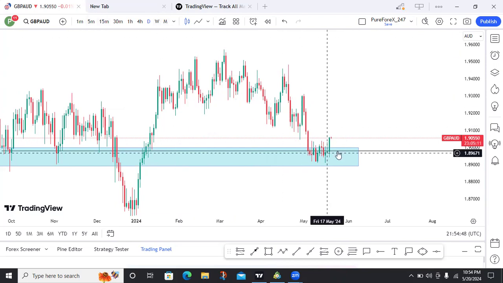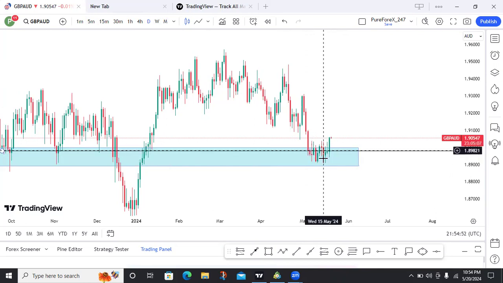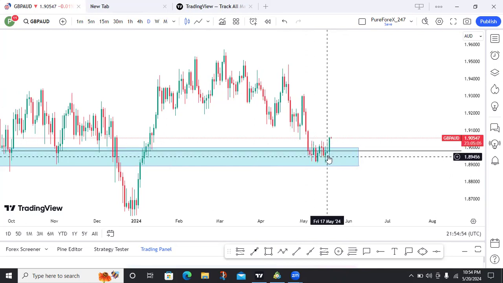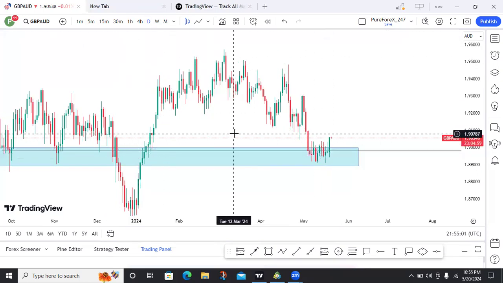So now we are looking for buy, and the market is reacting from this Quasimodo continuation from the weekly here. So let's go to the H4. Because we are looking for buy, we are going to expect a setup to happen on the H4 time frame, because this Quasimodo continuation is coming from the weekly.